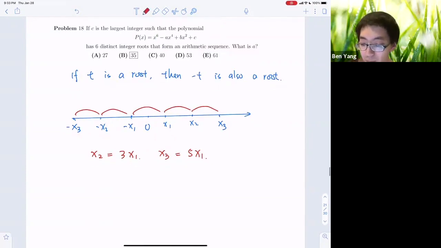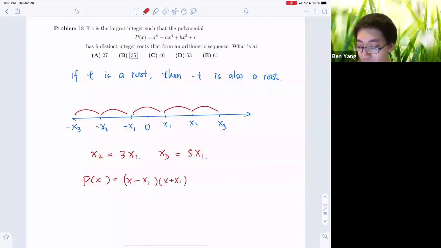Okay, so now we can write our polynomial as p(x) is equal to x minus x1 times x plus x1, x minus 3x1, x plus 3x1, and x minus 5x1 times x plus 5x1.